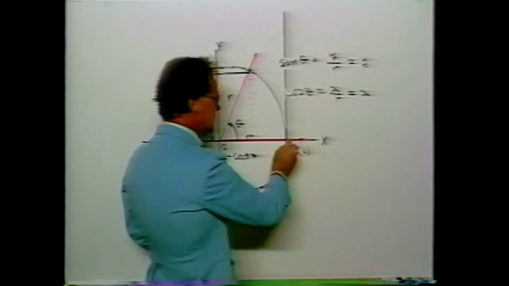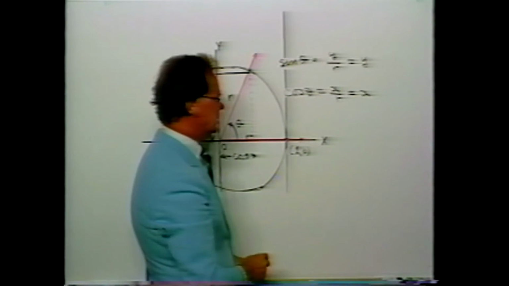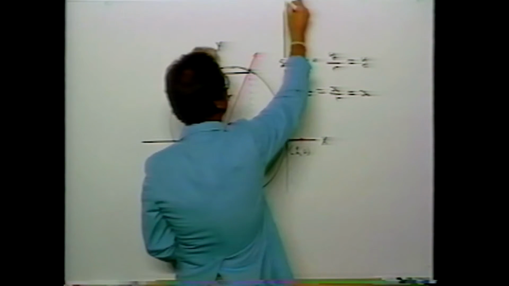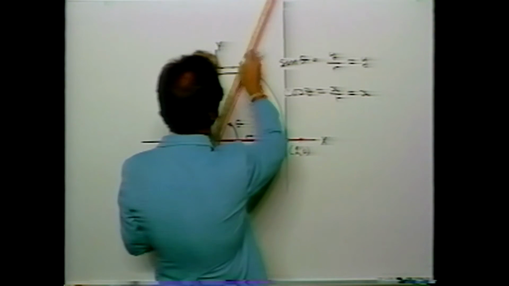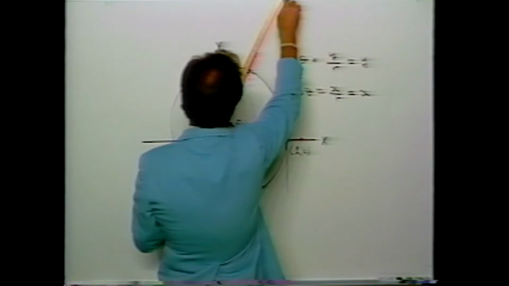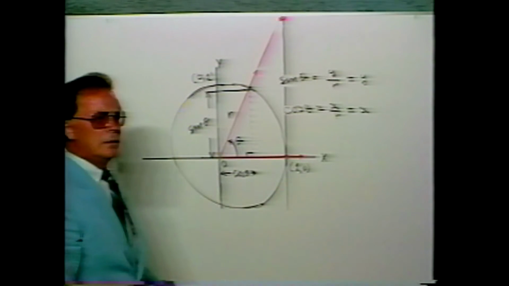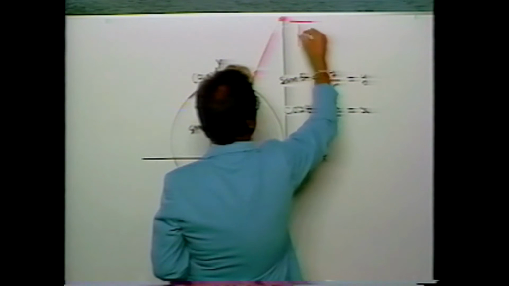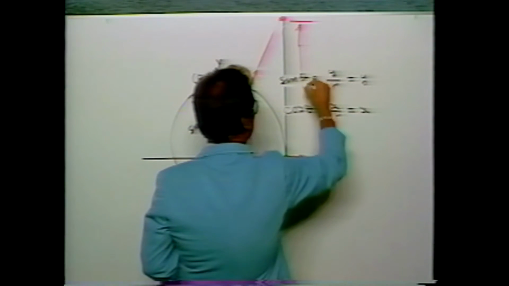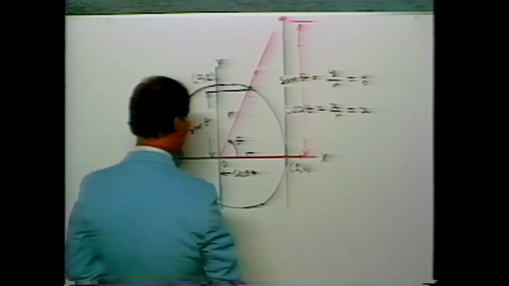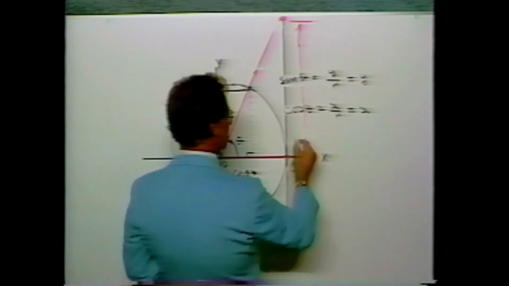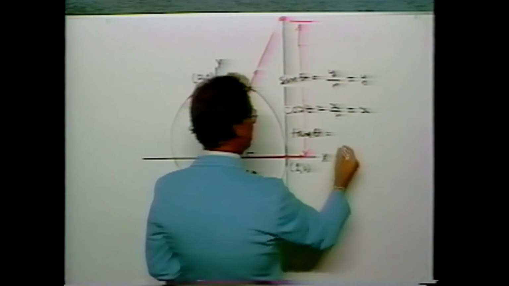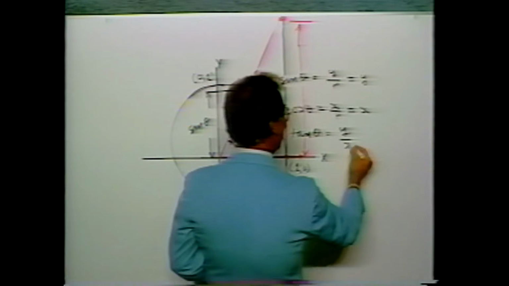From this point of intersection with the x-axis to the intersection of the terminal arm with that tangent, which is approximately up there somewhere, this is the length from there to here, which is equal to the tangent of theta. The tangent of theta is equal to y over x.